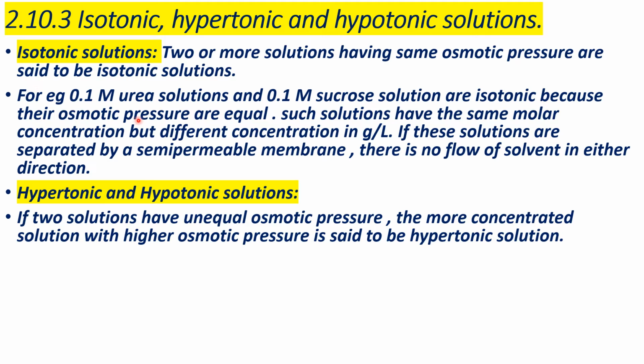Their osmotic pressures are equal. Such solutions have the same molar concentration but different concentration in gram per liter. If these solutions are separated by a semi-permeable membrane, there is no flow of solvent in either direction.